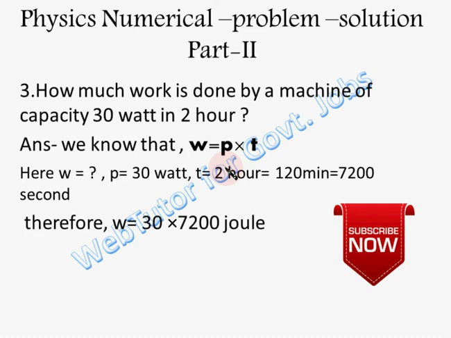W equal to P multiplied by T. Then W is equal to 30 watt multiplied by 7200 seconds. And remember, they have given the values in SI unit, so our answer should be in SI unit. 30 into 7200 joule, that is equal to 216,000 joule is the answer.